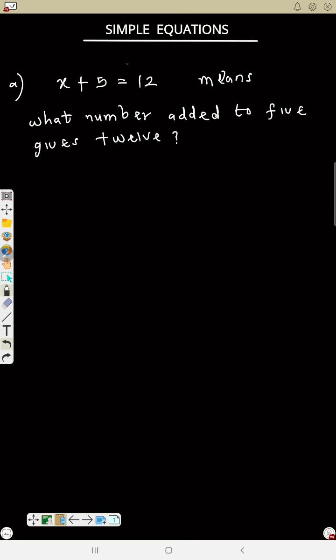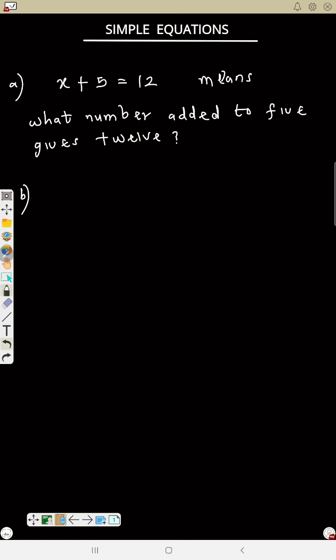So that is the meaning of this equation. What number added to 5 gives 12? That is, this x is unknown, so it's any number. So what number added to 5, that is plus 5, gives 12? That is the meaning of this equation.